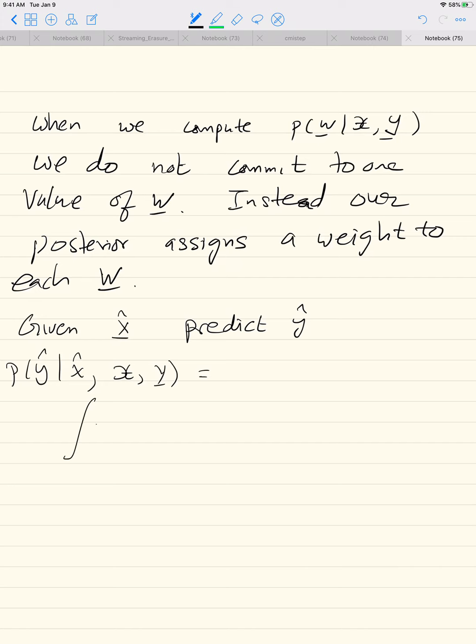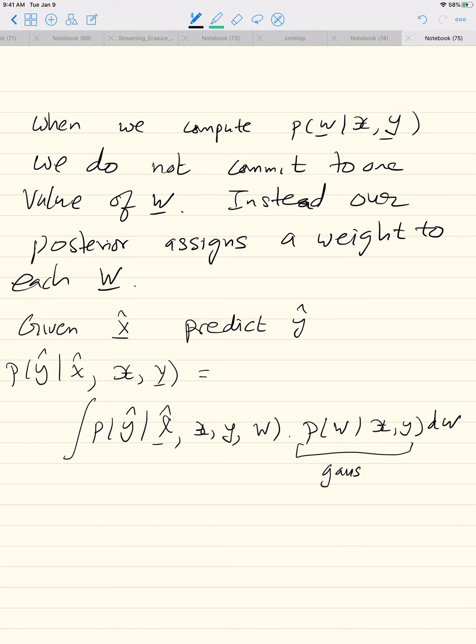So this will be the integral of P of Y hat given X hat, X, Y and W, P of W given X, Y, dW. So this is a Gaussian. Look at this quantity, it just depends on Y hat given X hat and W, and this is a Gaussian as well. So you can work with the integrals.